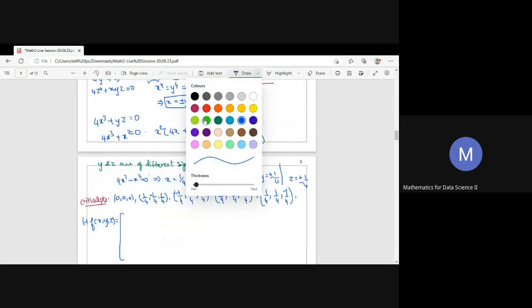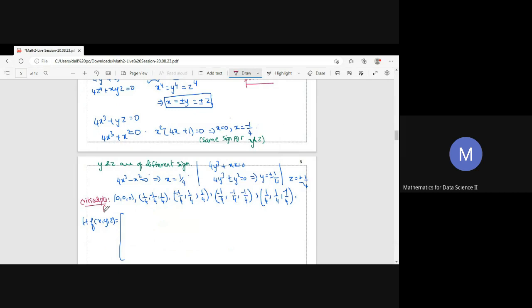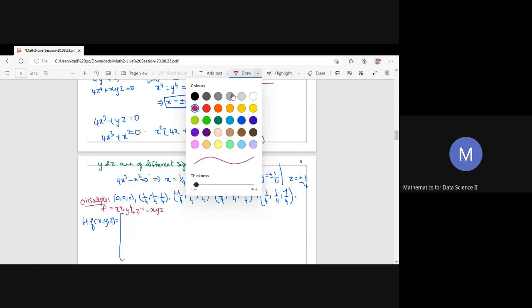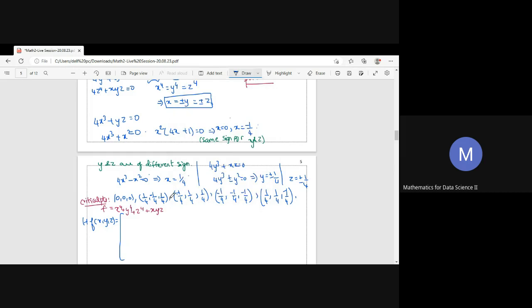Let me write it so that it is easier for computation. So your f is x power 4 plus y power 4 plus z power 4 plus xyz. Now what is the value of fxx? It is 12x square.